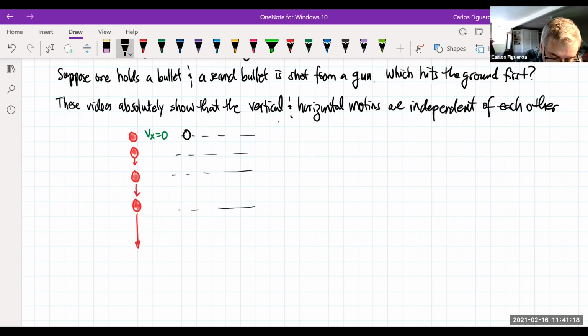And as this thing is shot, there is a superposition of these guys.